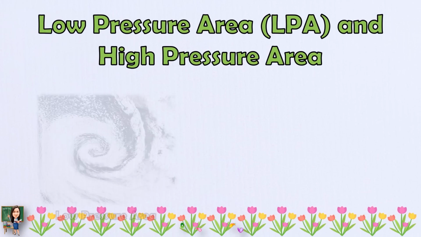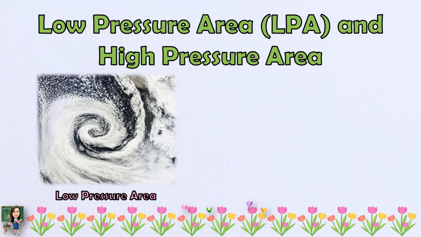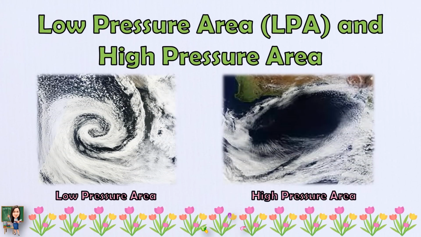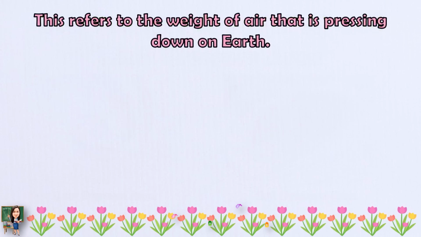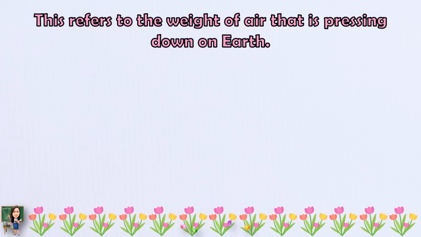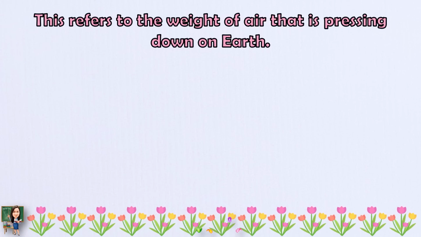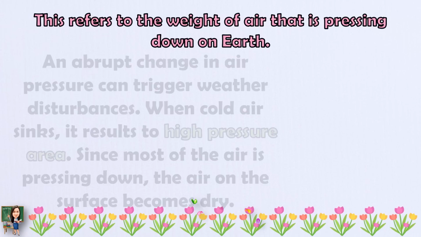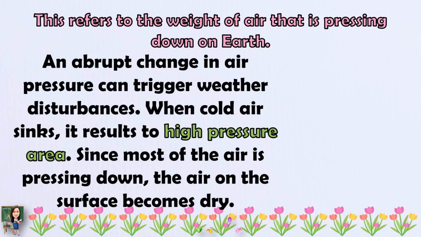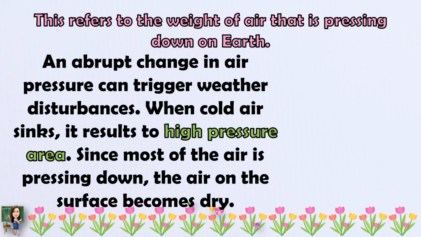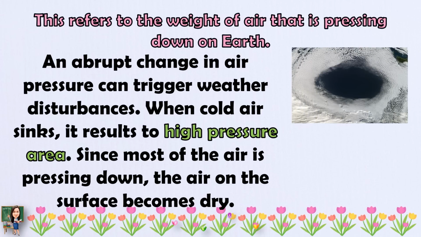Let's study about low-pressure area or LPA and high-pressure area. Low-pressure area and high-pressure area refer to the weight of air that is pressing down on Earth. An abrupt change in air pressure can trigger weather disturbances. When cold air sinks, it results in a high-pressure area.